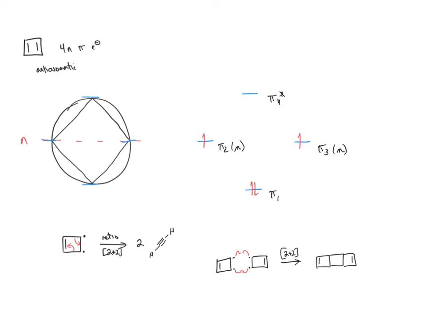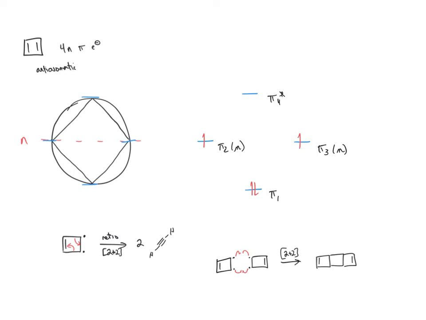And this is a system that is similar to some natural products called the laterines. All right, so we can kind of understand here why cyclobutadiene is so unstable.